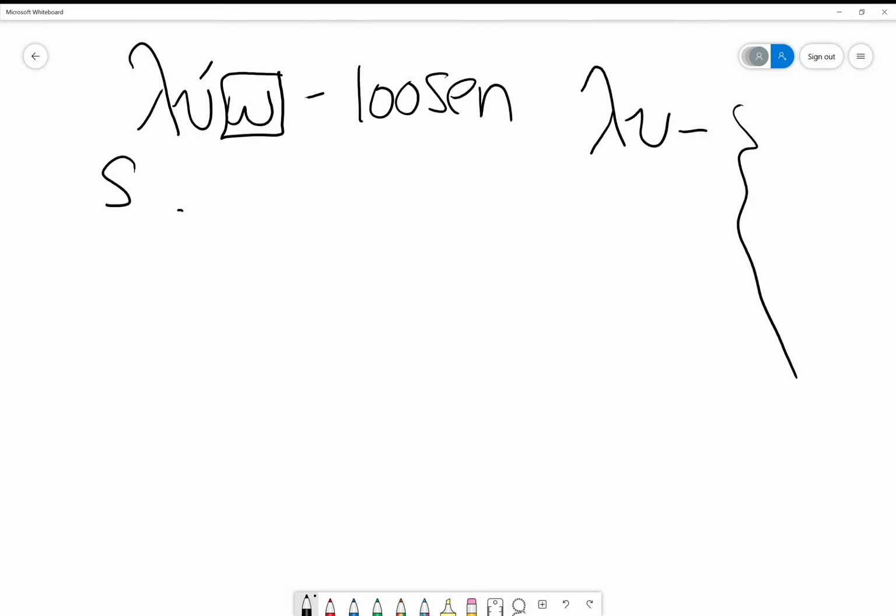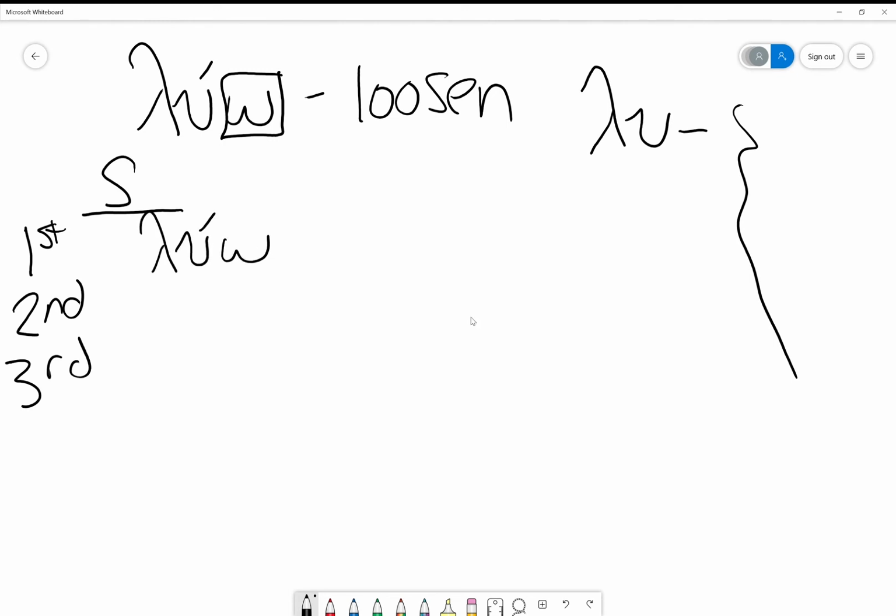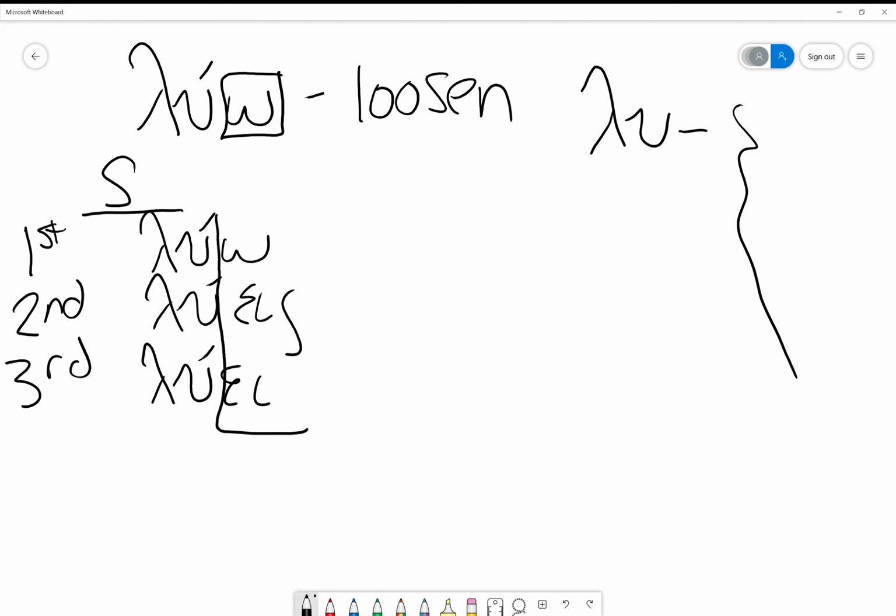So for the first, second, and third person singular, we have luo, lueis, and luei, okay? These are our endings: o, eis, ei. And these are what our endings are going to be with all of our verbs.